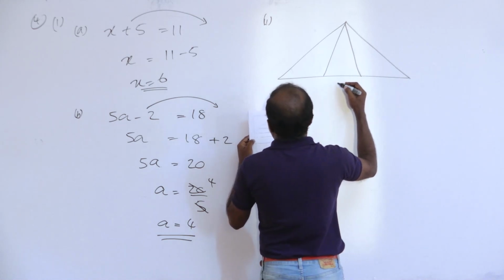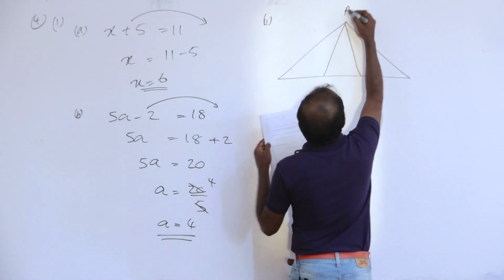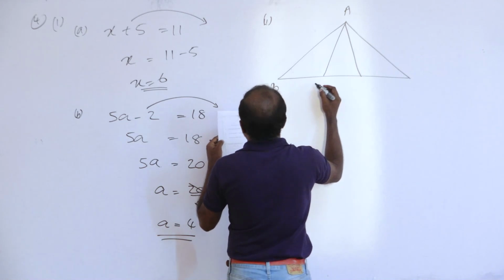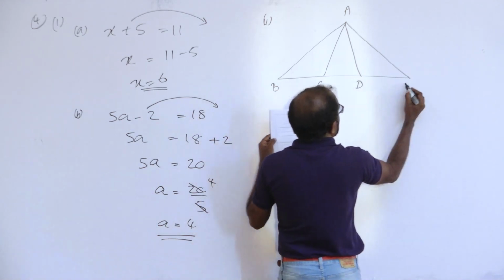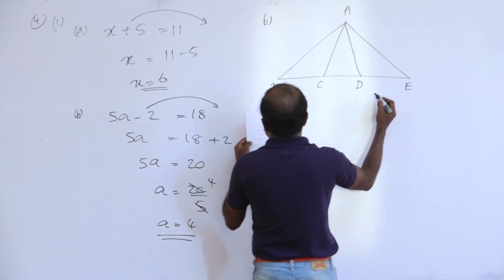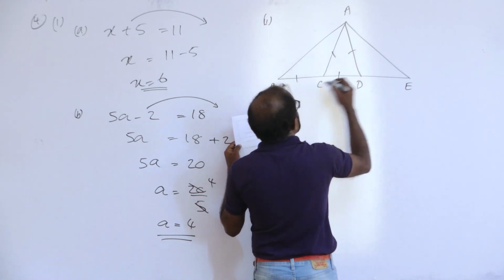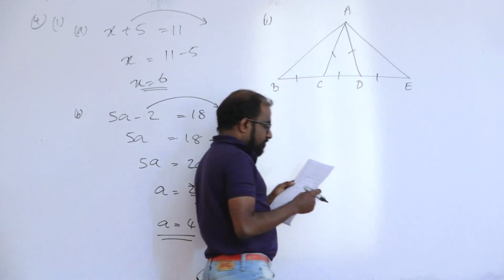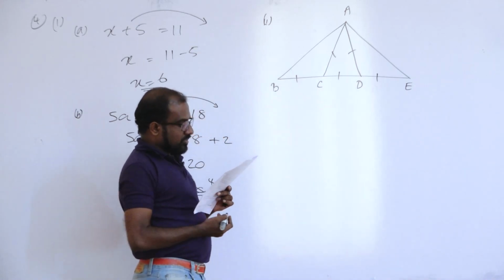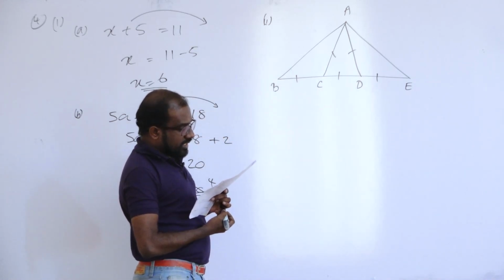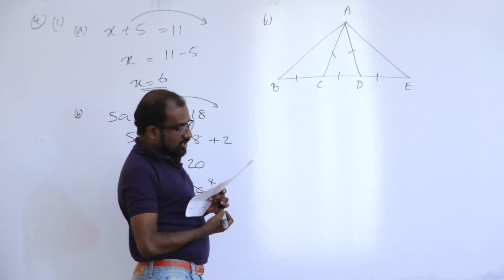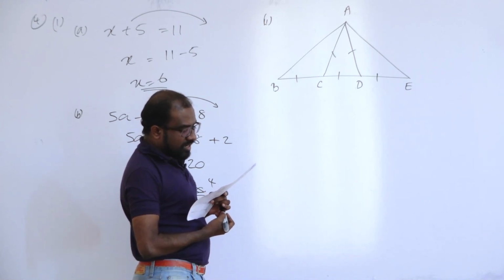A, B, C, D, E. Name the triangle ADC considering the length of sides and magnitude of angles.